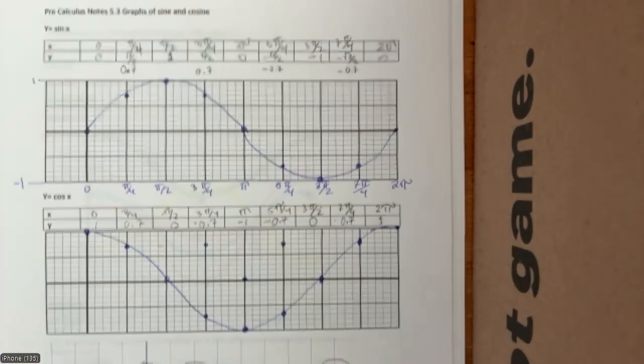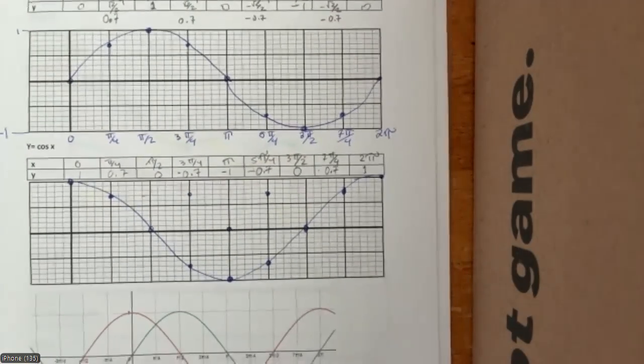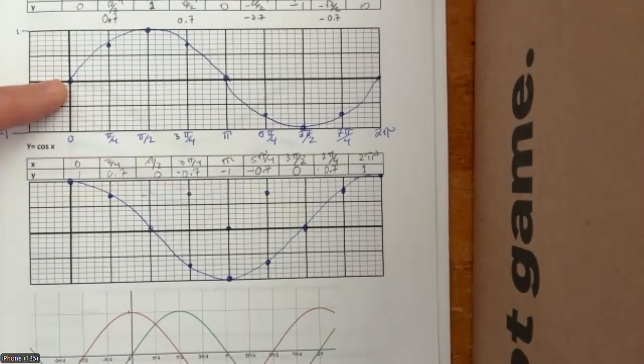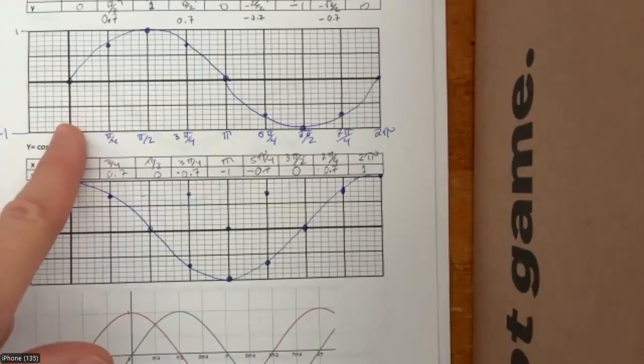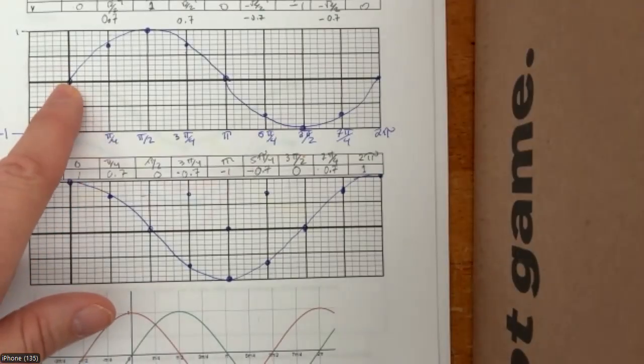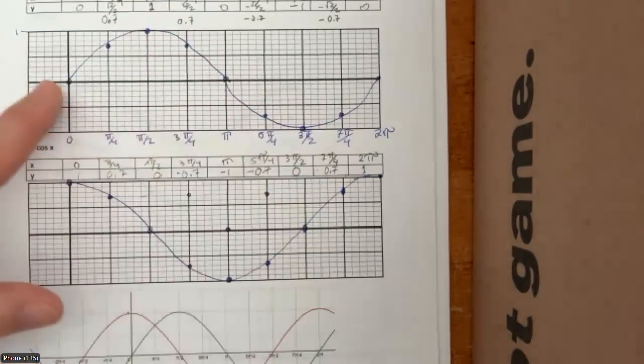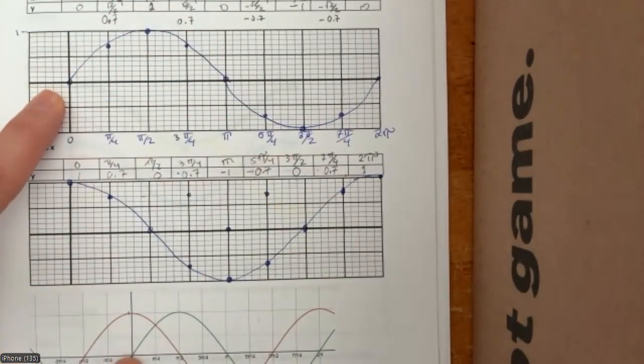So let's look down here. Here they are again. So this is sine and cosine. Let's see which is which. So the sine wave, when x is 0 or the input is 0, starts its wave kind of in the middle of the wave. And that's what's going on with the green.